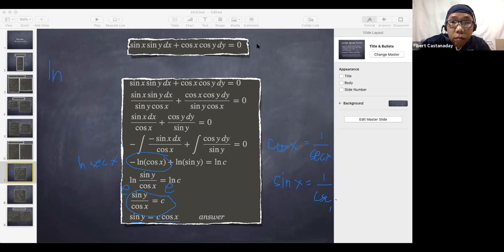So, if you remember this, kung mapa-ln man yan or logarithmic function na. Wait lang. Let me erase that. Okay, so for ln of x minus ln of y, property of a logarithmic function, this is equal to what? Yung positive part, yun yung magiging numerator mo.